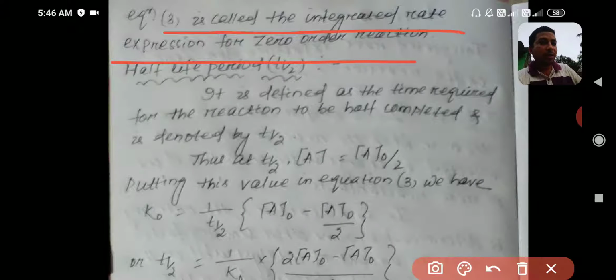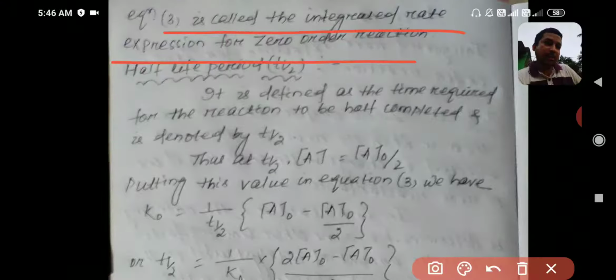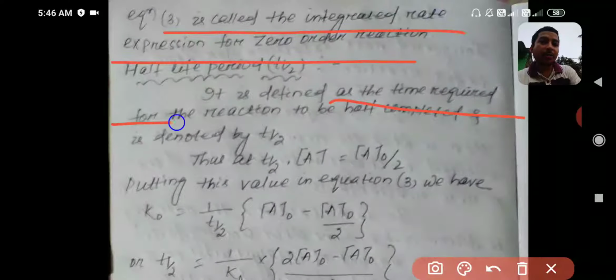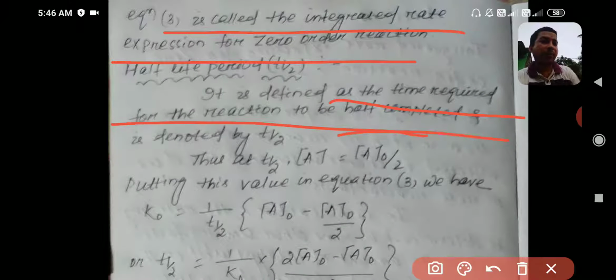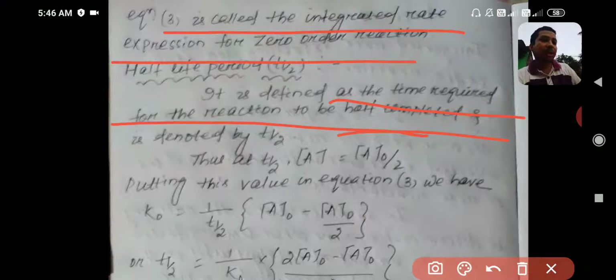Know that the definition for half-life period is always the same. It is the time required for the reaction to be half completed. That means it is the time required for the reactant to be consumed to half of its initial concentration.